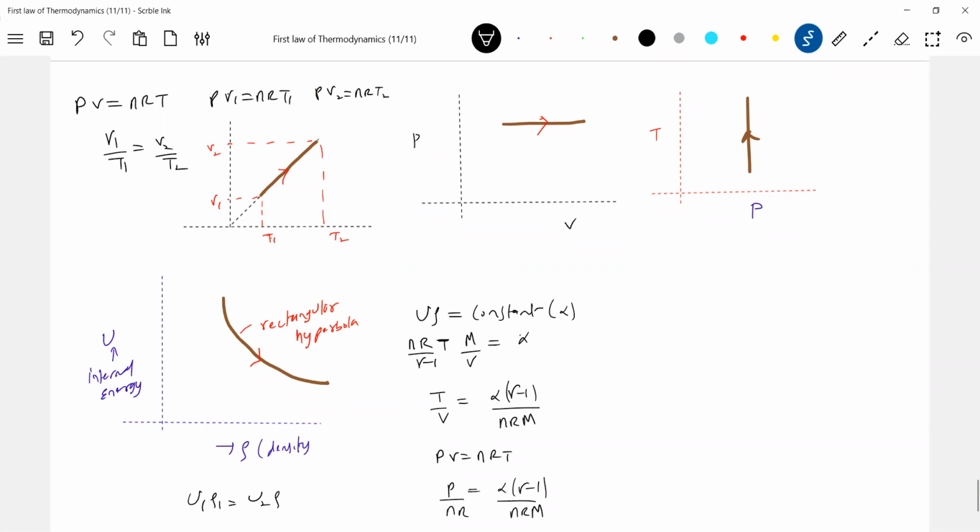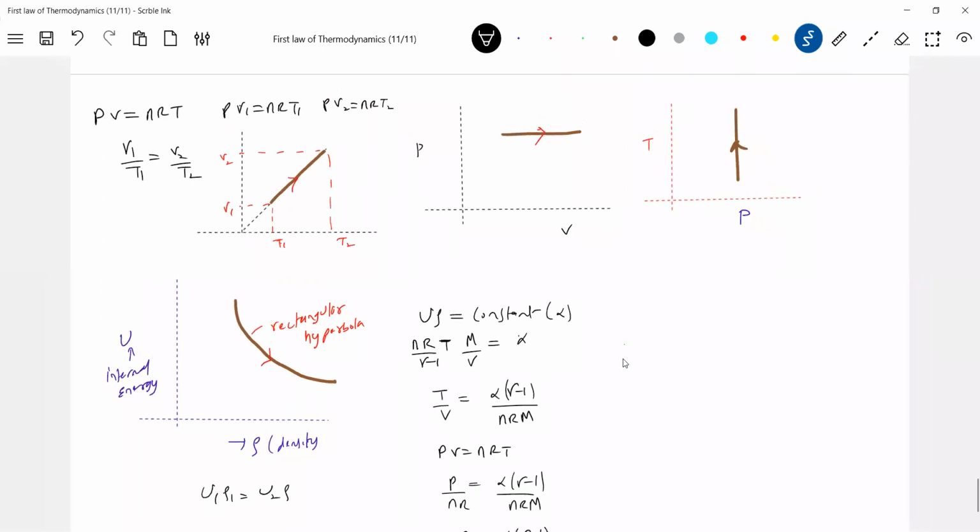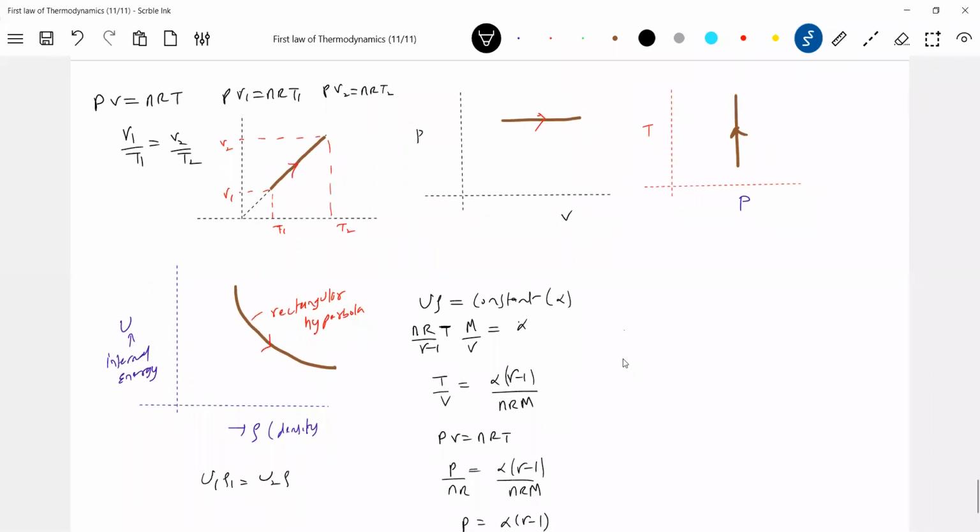Now, books have all these things in numericals, but rather than struggling in numericals, let's struggle now only, no? Rather than fighting in numericals, let's have some background. Sorry, you have plotted internal energy versus density. Pressure versus internal energy graph, how will it be? Or internal energy versus pressure.